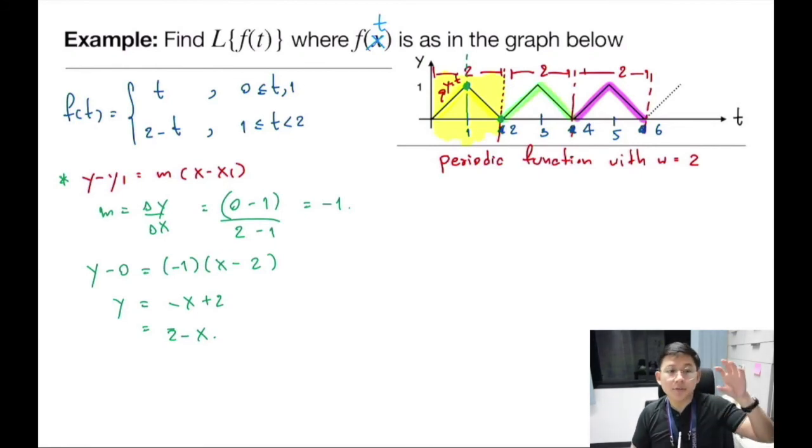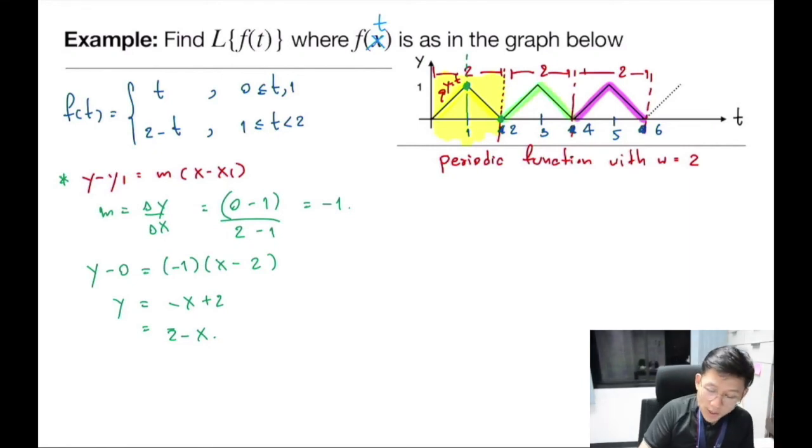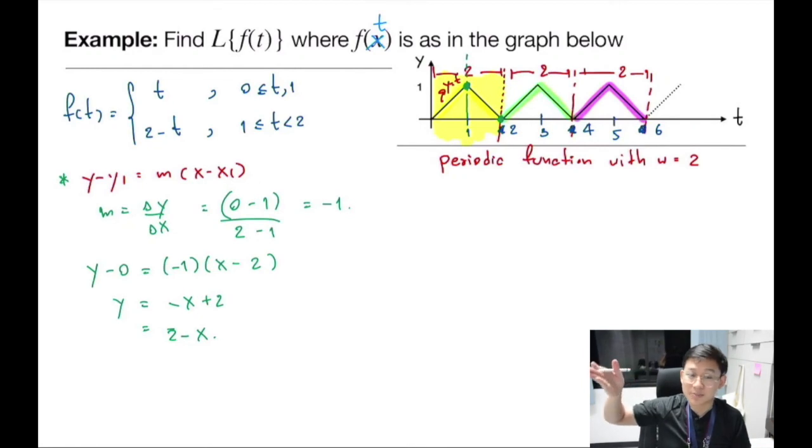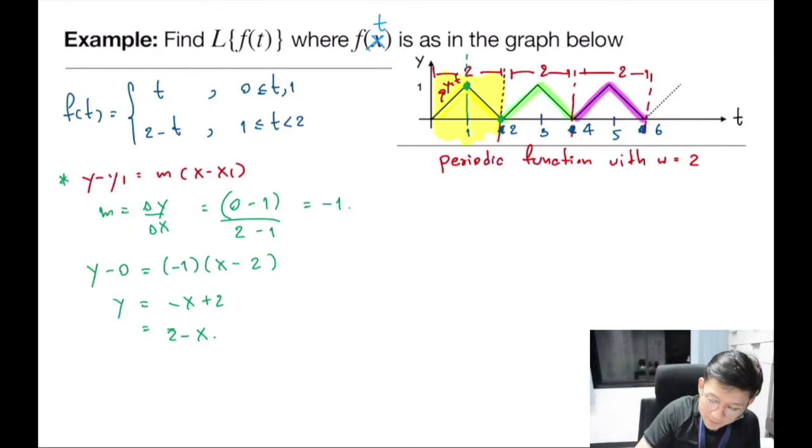So this function, the graph, is actually f(t) equals t when t is bigger or equal to 0 and less than 1, and it's 2 minus t when t is bigger or equal to 1 and less than 2. And the period is 2, so we have that f(t plus 2) is the same as f(t).